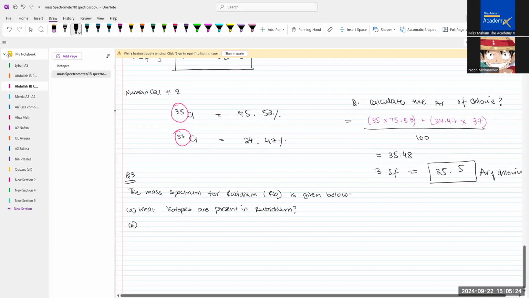Part B asks, what is the percentage abundance of each isotope? And part C says, calculate the relative atomic mass of rubidium.